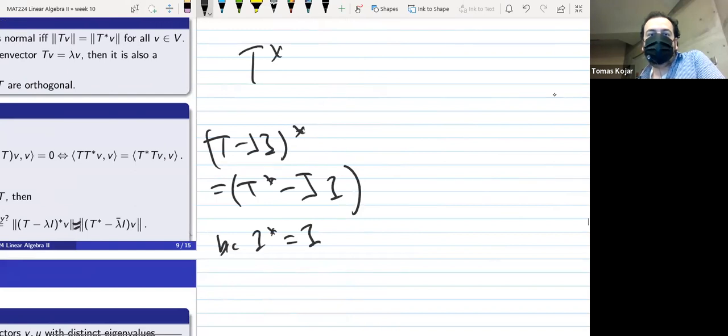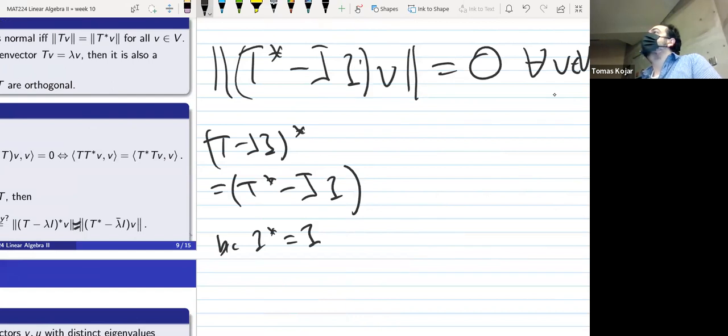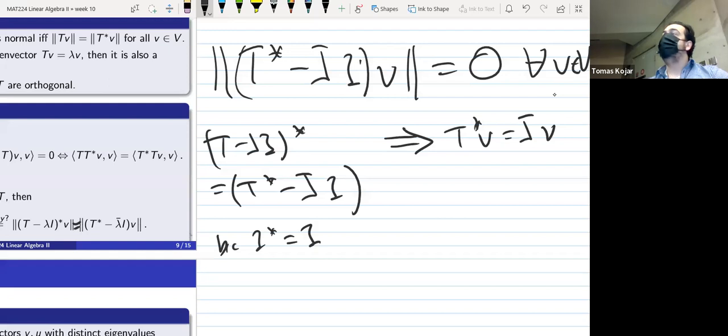We proved that T star minus lambda bar I applied to V is 0, for all V in V, right? And what property of the inner product can I use to get my eigenvector relation? What is it called? I want to get T star V is lambda bar V. What should I say here? A small comment.